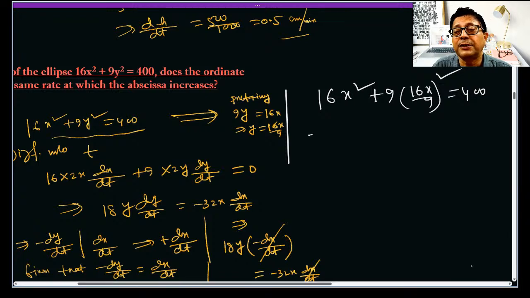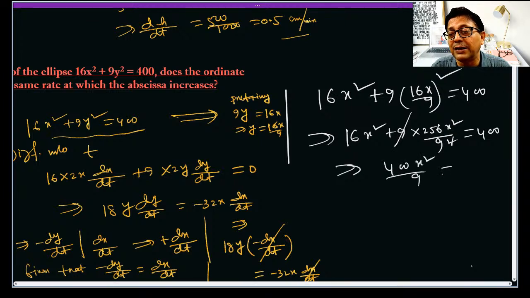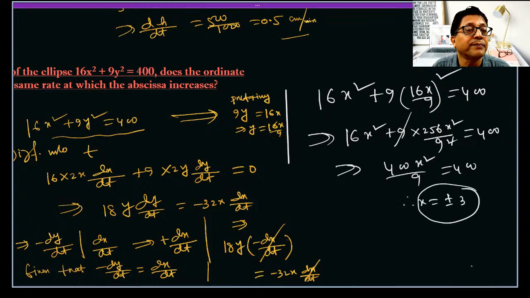So simplify it. 16x square plus 9 into (16x by 9) square. So one 9 gets cancelled. 400x square by 9 equals 400. So x is going to be plus minus 3.